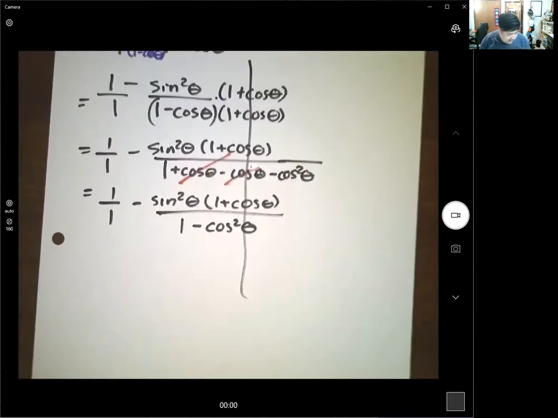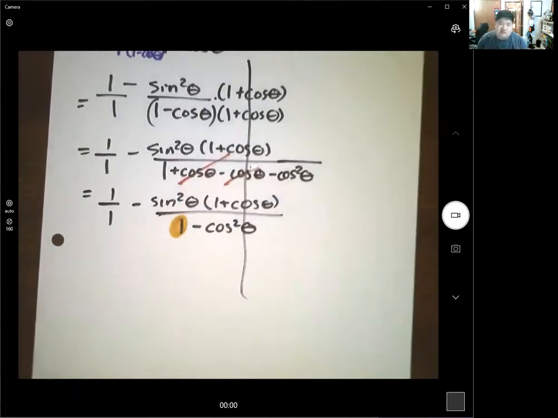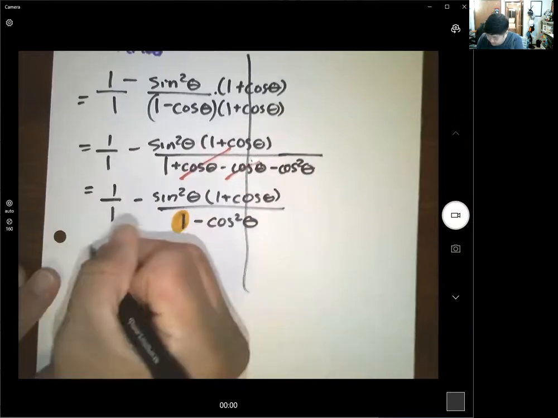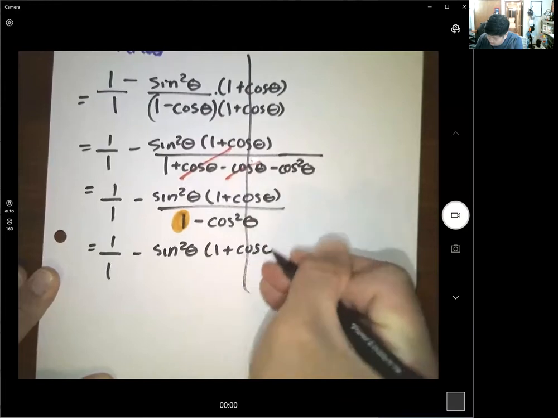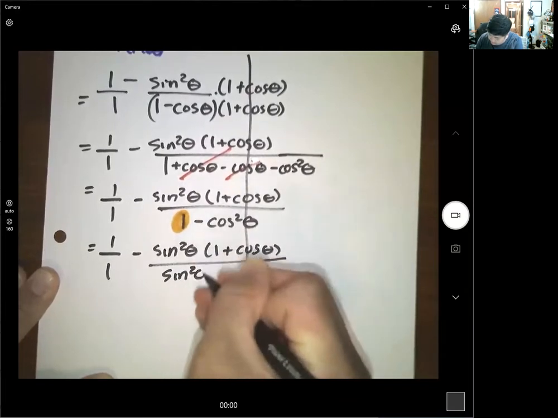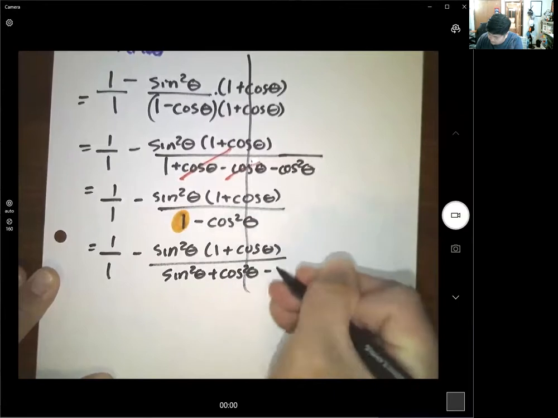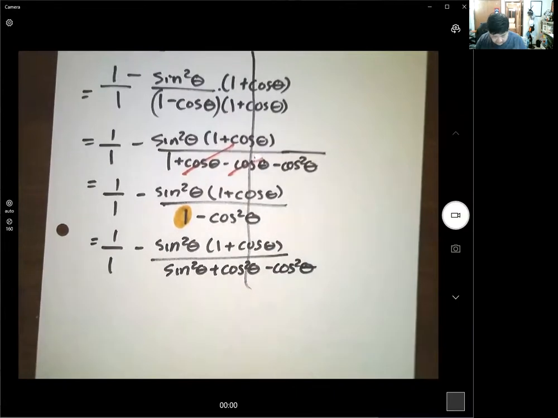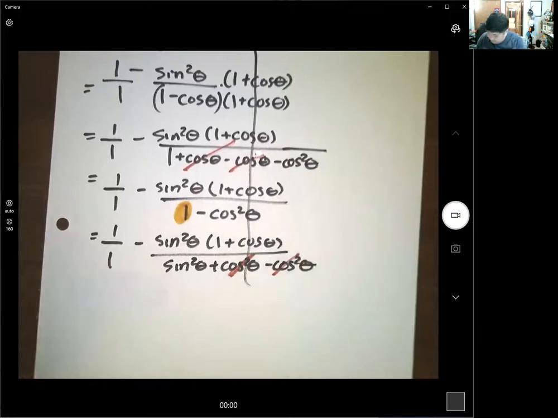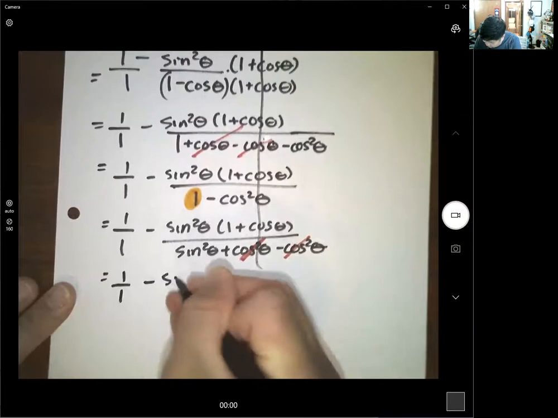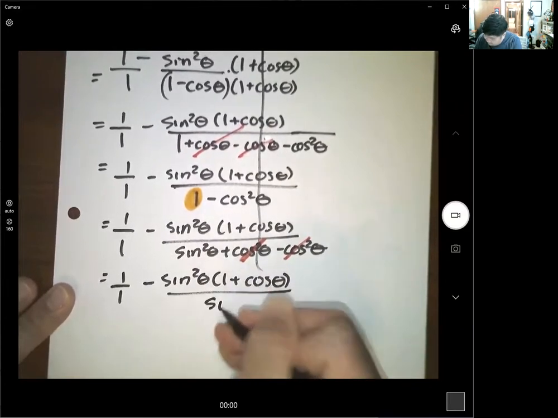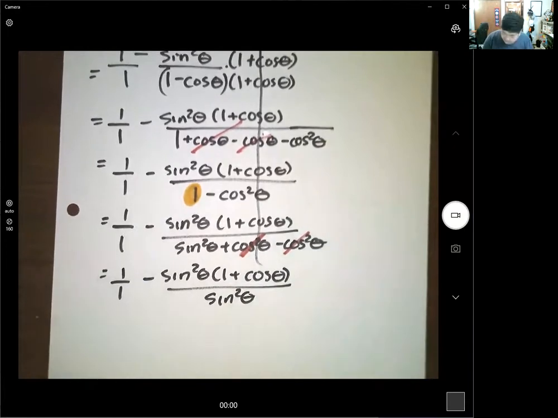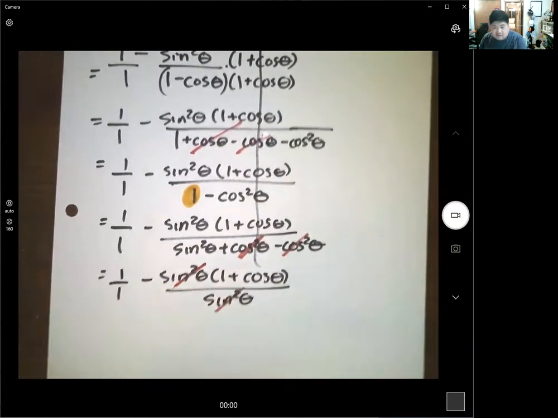Now remember that a 1, in terms of sines and cosines, is actually just going to be sine squared theta plus cosine squared theta, and then we have minus cosine squared theta. So the cosine squared theta zero out. Then we have 1 over sine squared theta times 1 plus cosine of theta, and the sine squared thetas divide out.